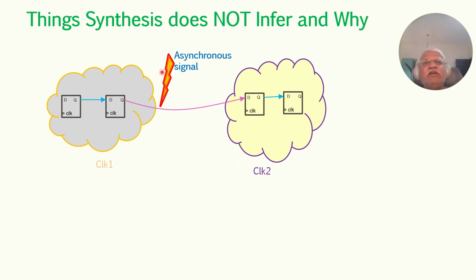If you see here, this asynchronous signal is being sourced from clock 1, and the destination is at clock 2. And if clock 1 and clock 2 are generated from two different clock sources, then this signal becomes an asynchronous signal. Hence, you need a synchronizer.